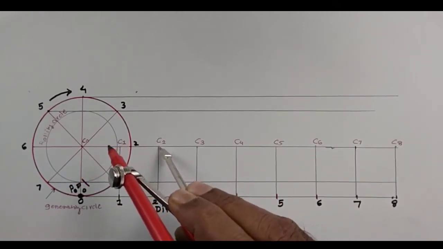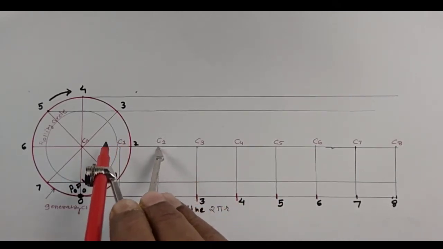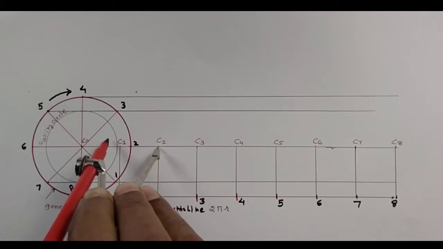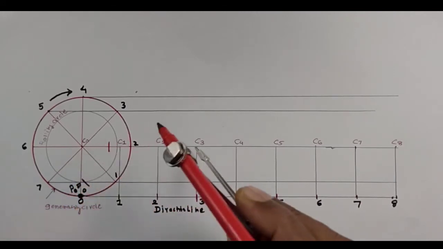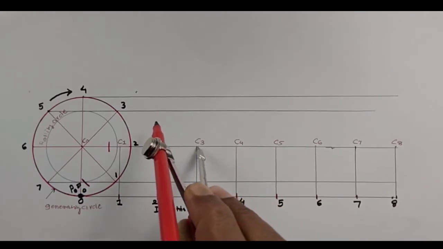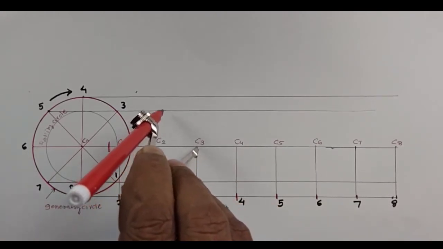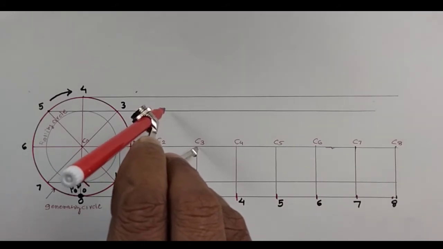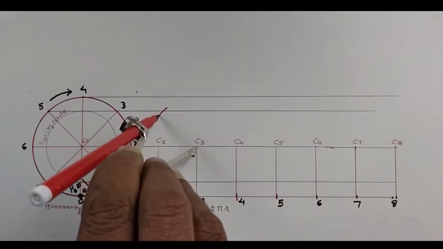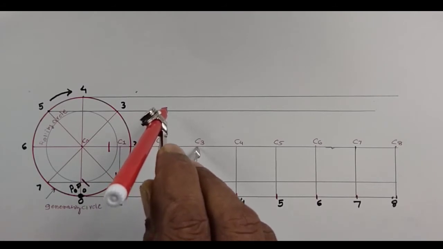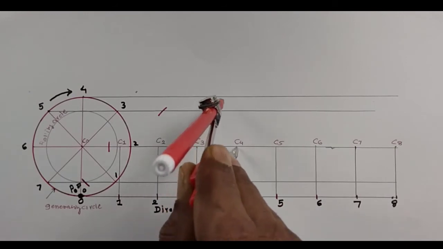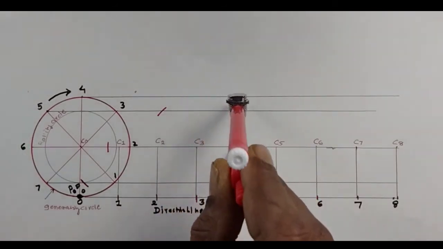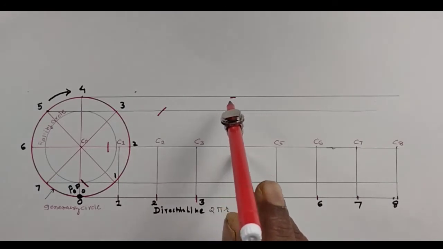Similarly, draw the arc from center C2 on the horizontal line which passes through 2, 6. It is our P2 point. Now from center C3, I draw the arc on the line passing through 5, 3, that is the 3 number line. So it is my P3 point. Then from center C4, we draw the arc on the 4 number line. So that is P4.